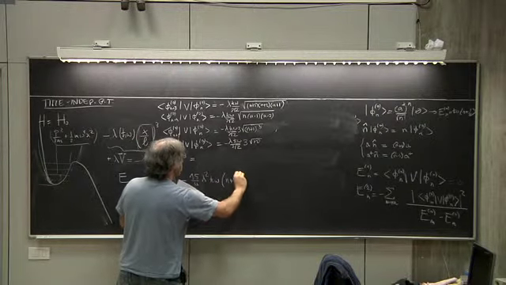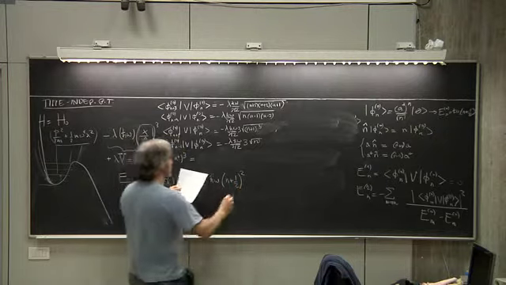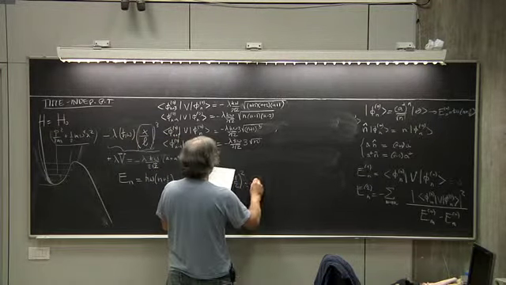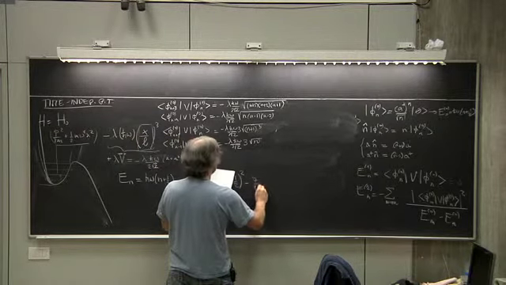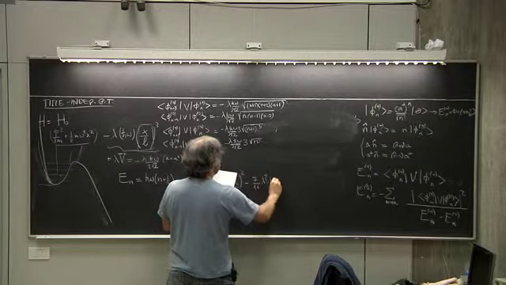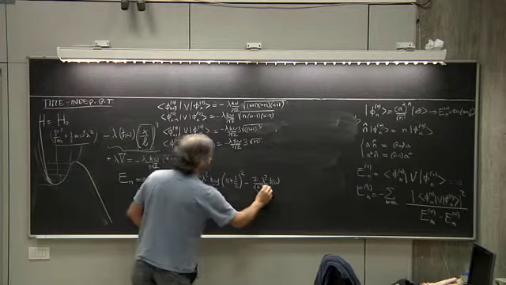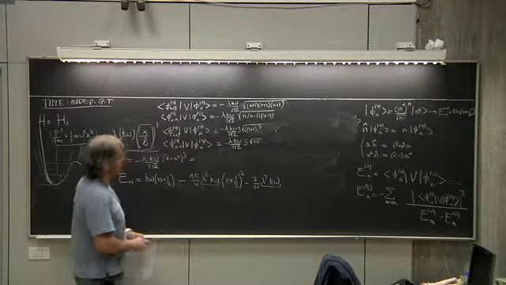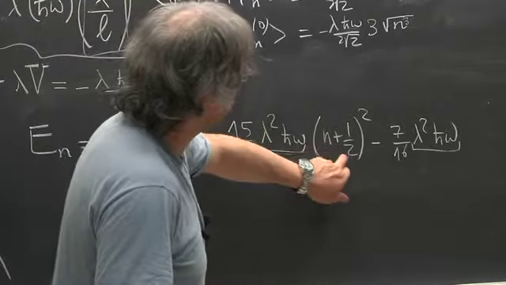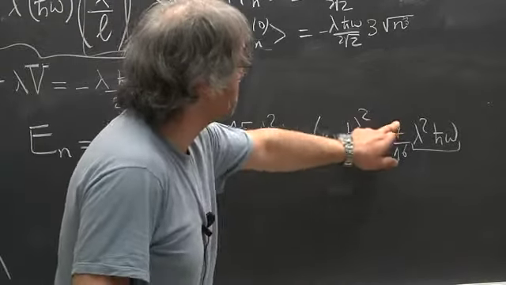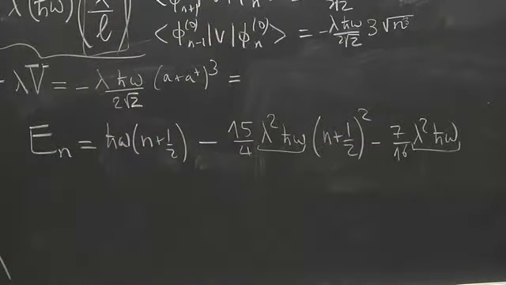One term is this. And the other term is independent of n, minus 7 over 16 lambda square h bar omega. Both of them have lambda square h bar omega, but this term has n plus 1/2 squared, and this term doesn't depend on n.